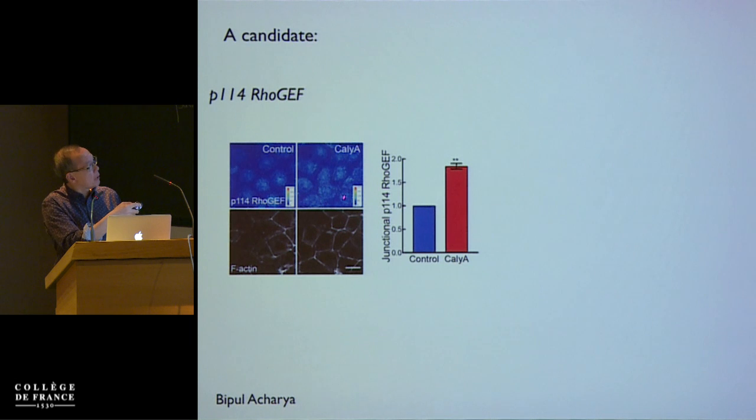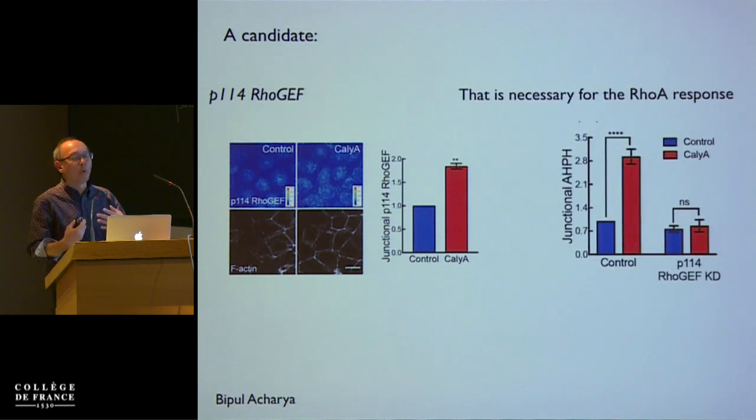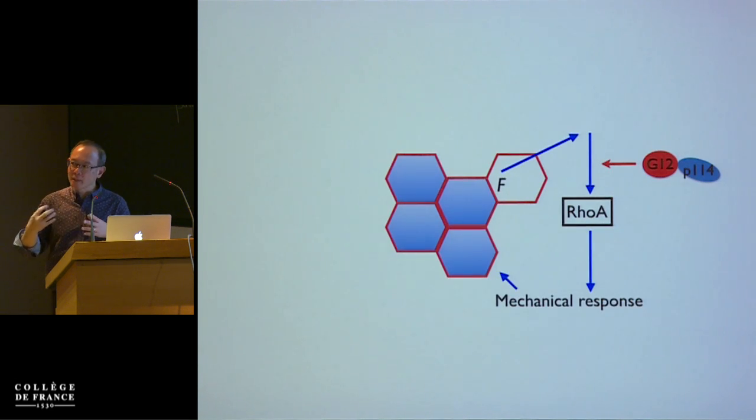We like it because it goes up at junctions, under conditions in which Rho is going to go up. And importantly, if we make maneuvers such as deplete cells of p114 RhoGEF, the ability of tissue tension to activate junctional Rho is essentially abolished. And there are many ugly details that I will spare you.